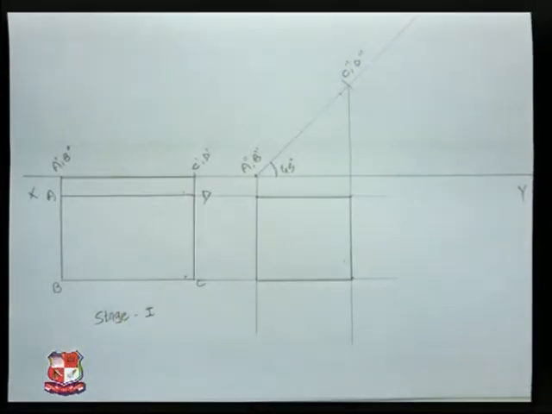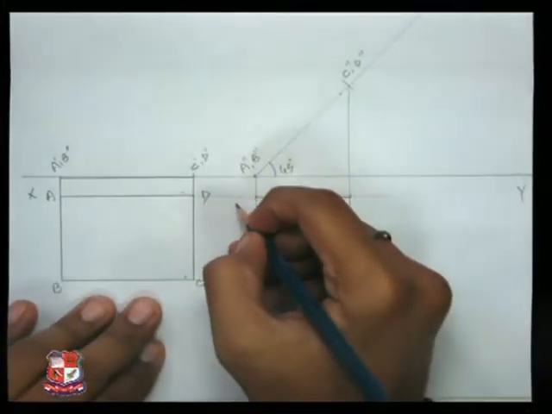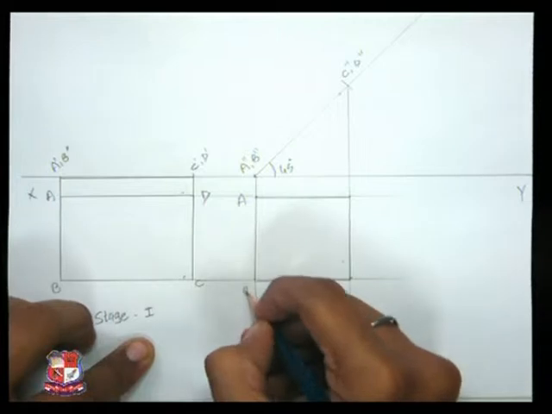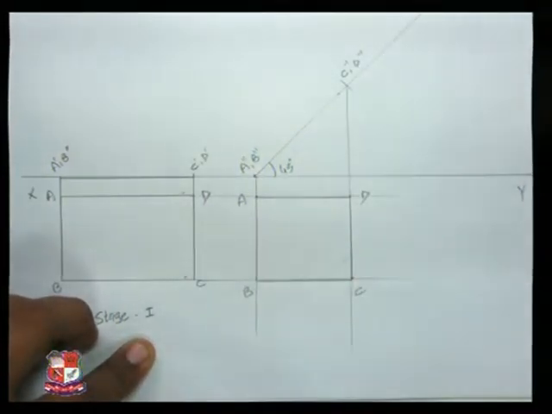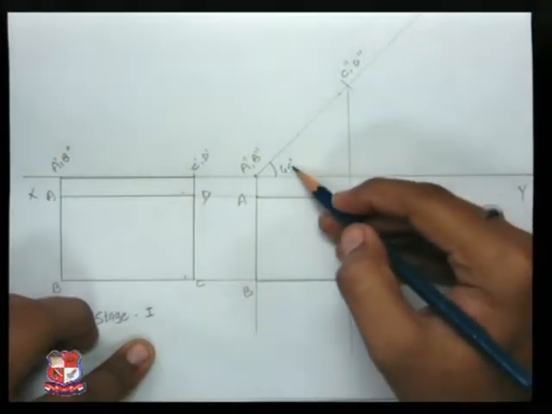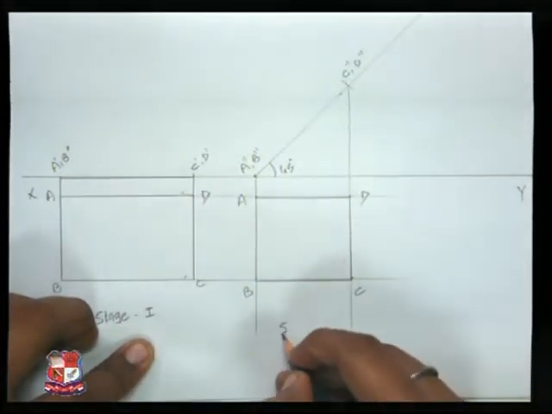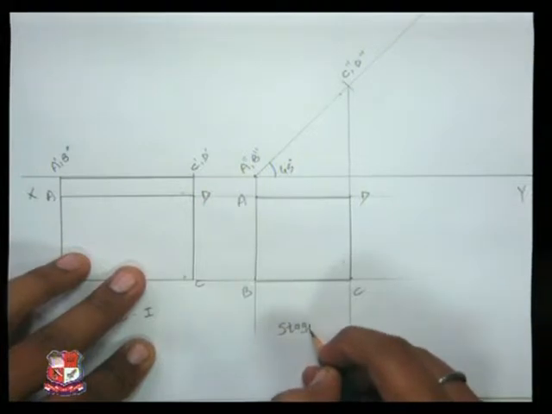We have got this second stage position. We are again naming it A, B, C and D. In the second stage position, we have implemented this HP angle. This is stage 2.